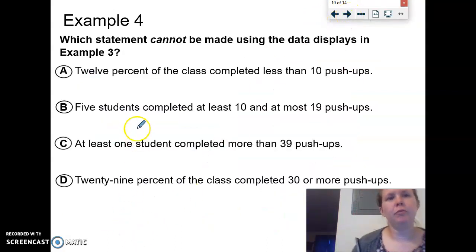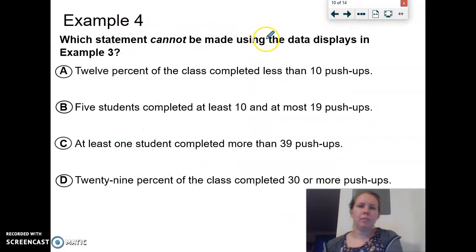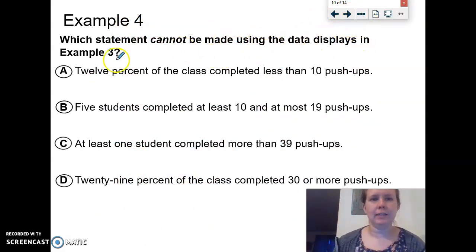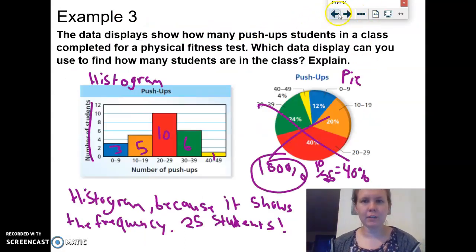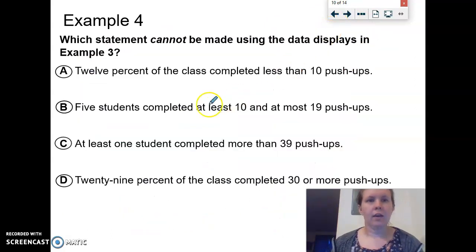All right, example 4. It says, which statement cannot be made using the data displays in example 3? Oh, so we have to continue thinking about example number 3 here. And we are going to decide which cannot be made using the data display. So what is the statement that we can't conclude from this data?